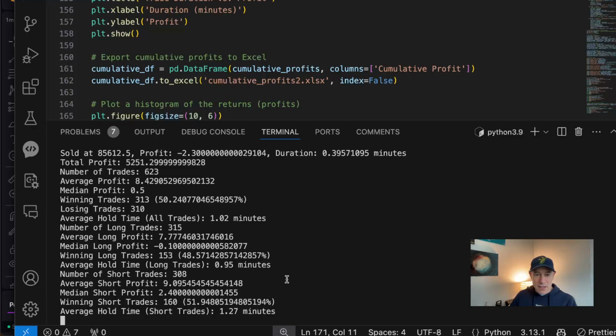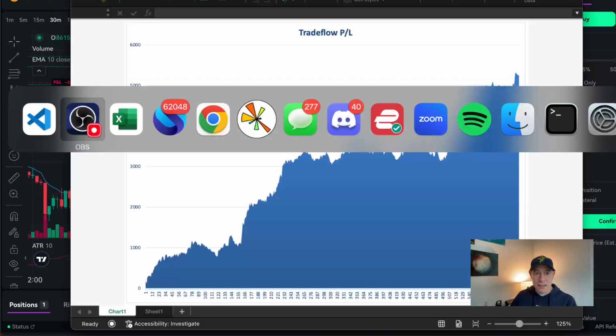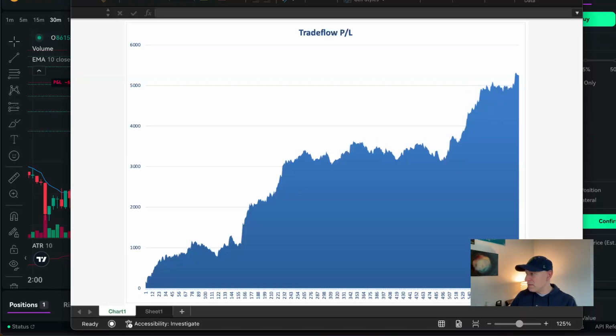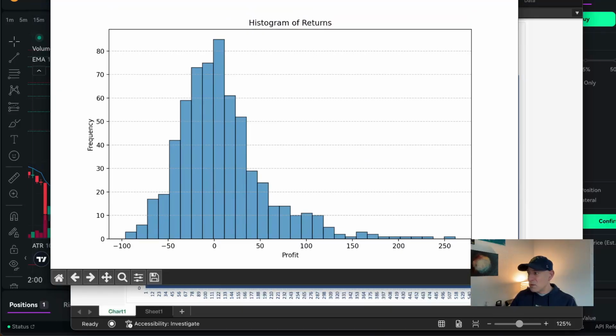And then let me show a histogram of the distribution of the orders here, or the returns here. So this is very similar to what I saw previously when I was using the 3x volume on the Binance order flow, except on this one the average is actually positive, whereas previously it was negative.